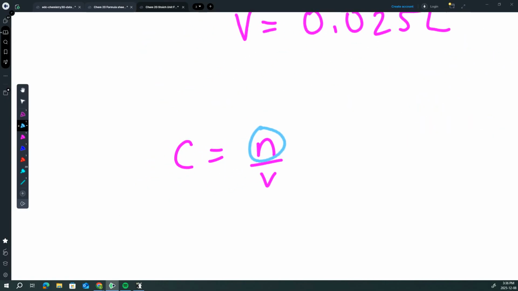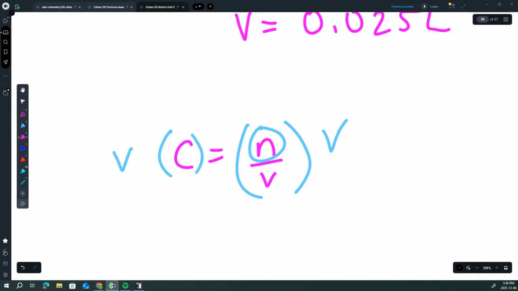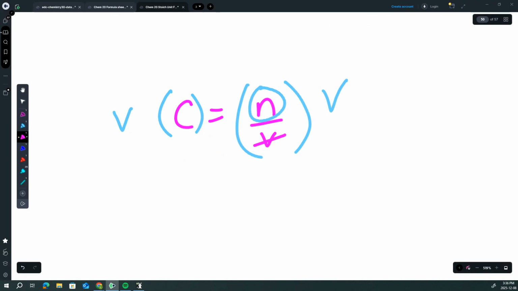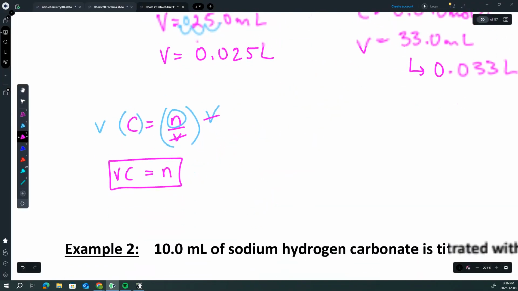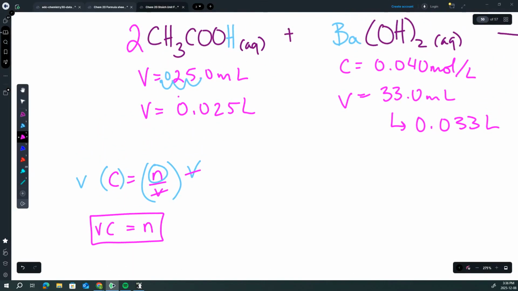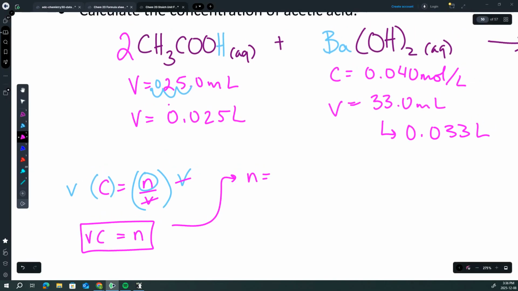So I ask myself, what is volume doing to moles? Well, it's dividing, so we have to do the opposite, which is multiplying. So these cancel out, and my formula is going to be volume multiplied by concentration is equal to moles. This is the formula that I use, and I'm just flipping it around.